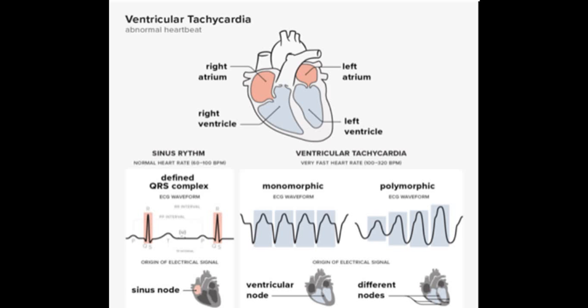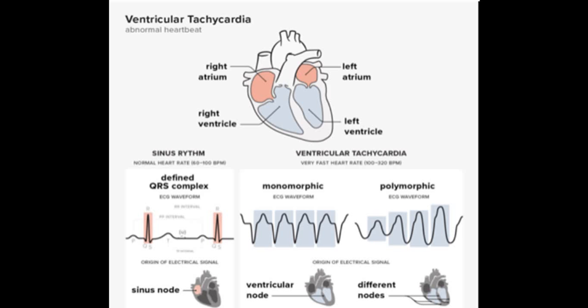Now we know that ventricular tachycardia means the complexes are originating from the ventricle. So the focus is from the ventricle, maybe from the right ventricle or maybe from the left ventricle. The normal idioventricular rate is between 30 to 40, but when that rate becomes more than 100, we call that ventricular tachycardia.